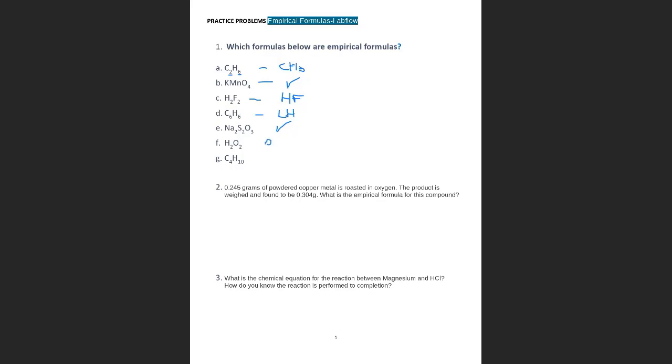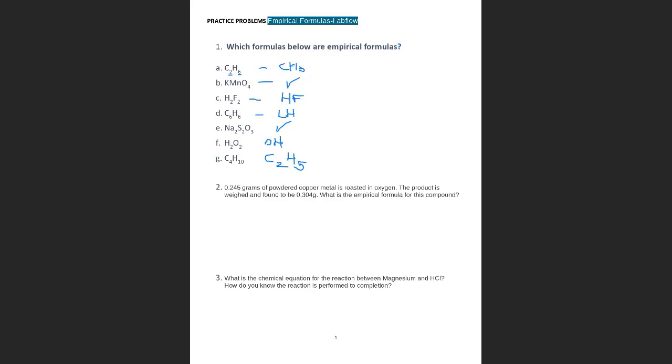Exactly, very good. This is the empirical formula. And how about G? We have to find a number that we can divide both by. It is not an empirical formula. Very good. And now which one is? We have to find a number. Exactly. Very good. Great. Okay, so we know what an empirical formula is.